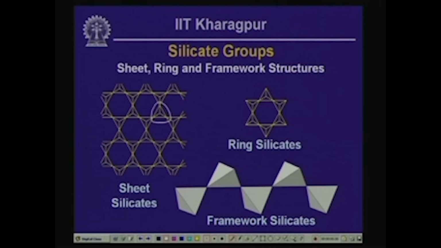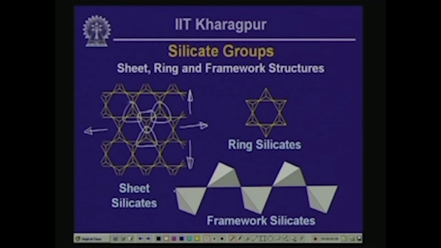Here, for instance, all these individual triangles indicate silica tetrahedra, and this particular structure extends horizontally both ways in the plane of the tablet here, as well as vertically, almost indefinitely.